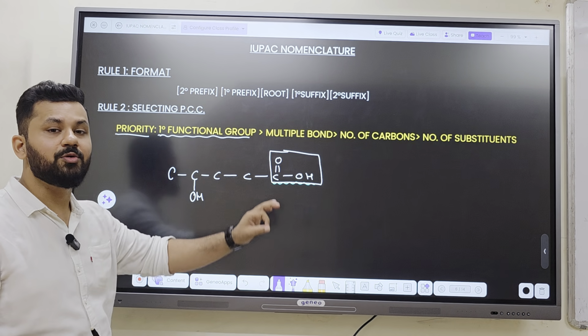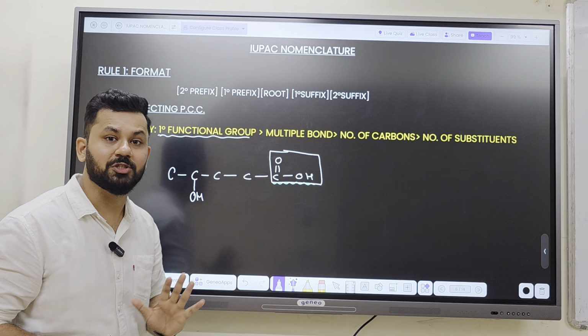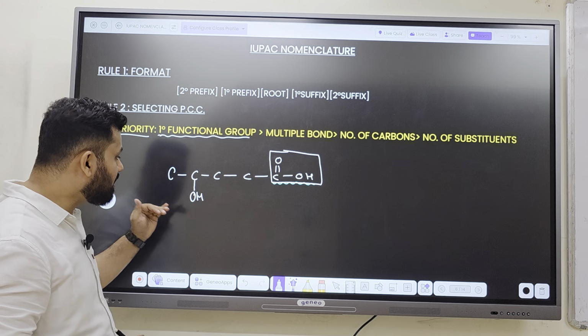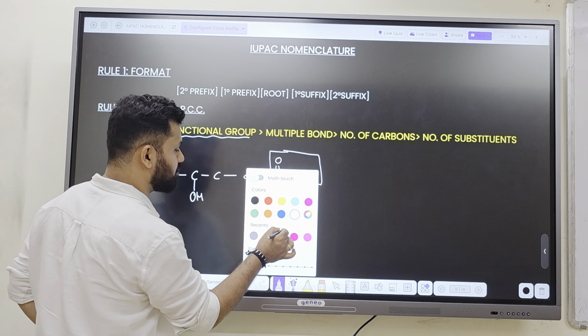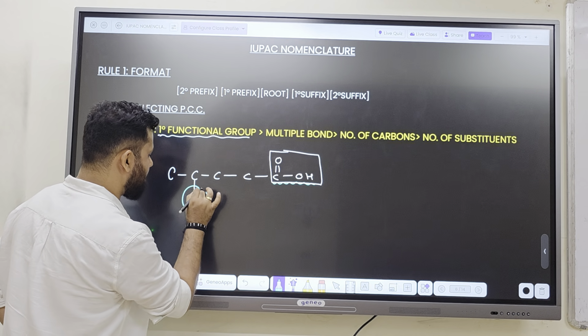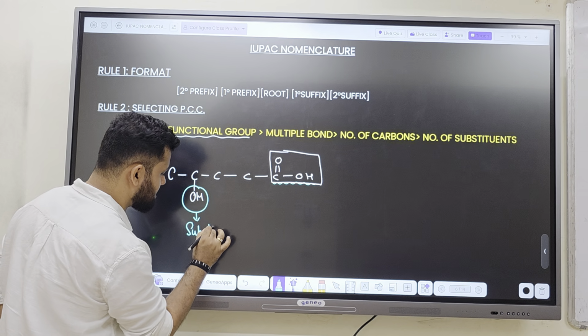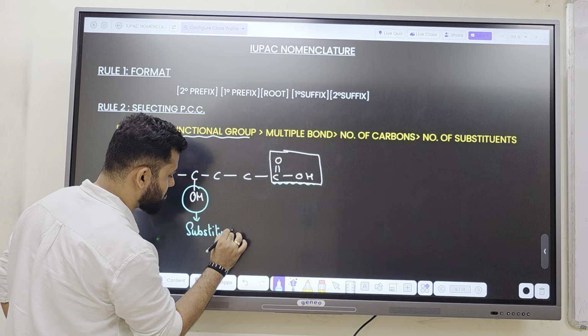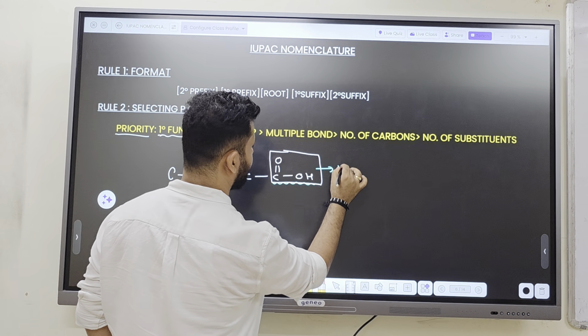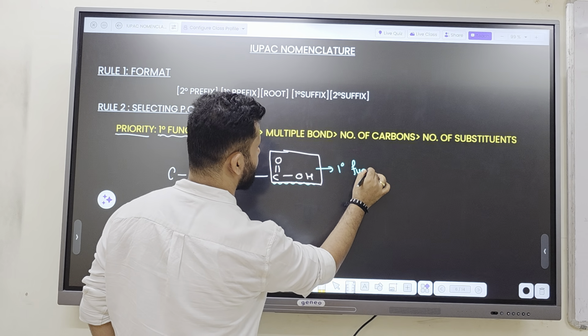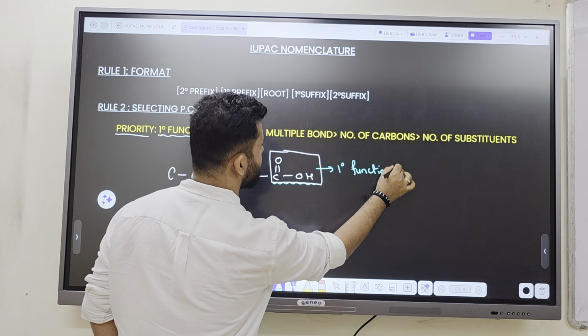The moment you have selected the primary functional group, the other functional group becomes your substituent. This becomes your substituent, and this one is your primary functional group.